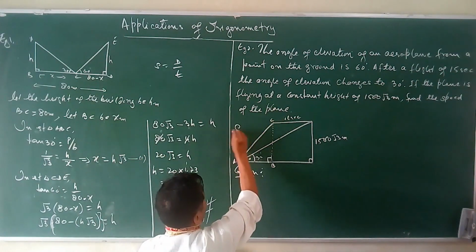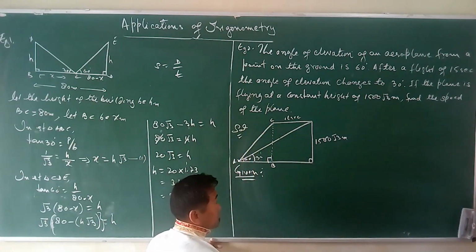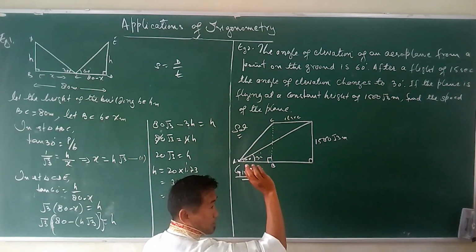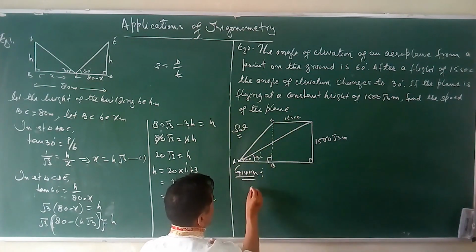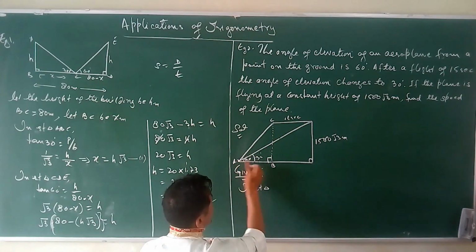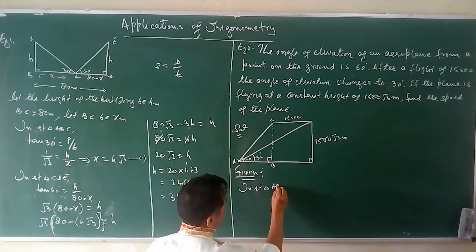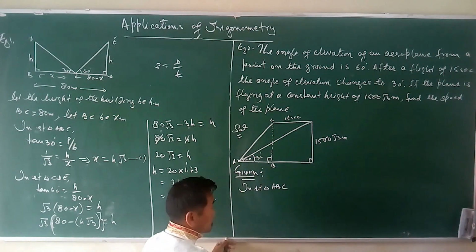For the calculation, let's draw a right triangle ABC.